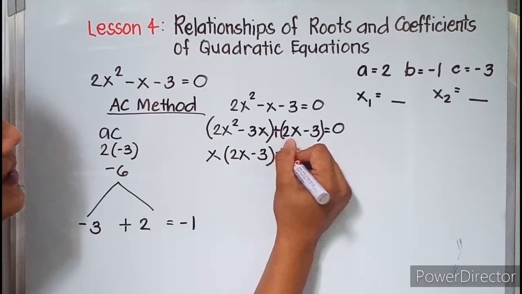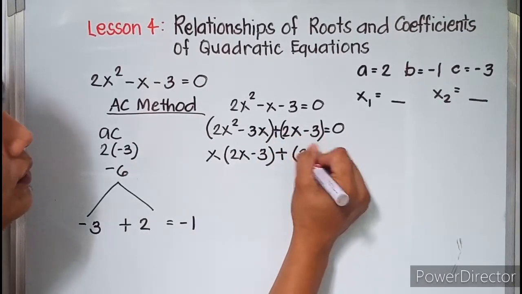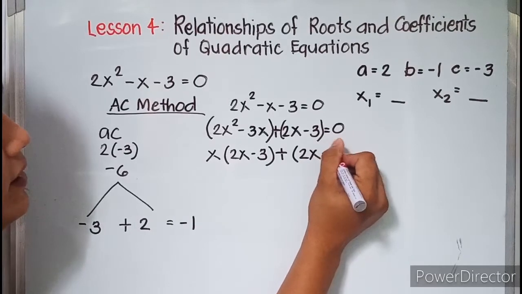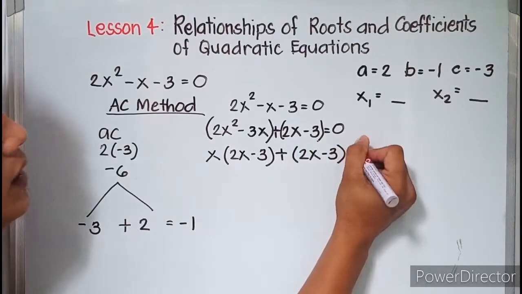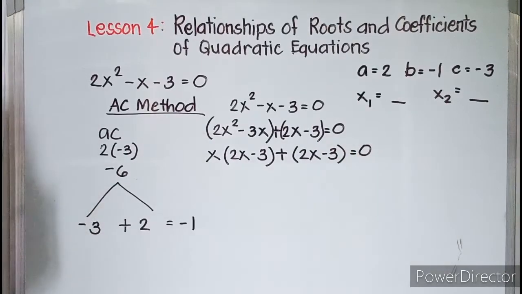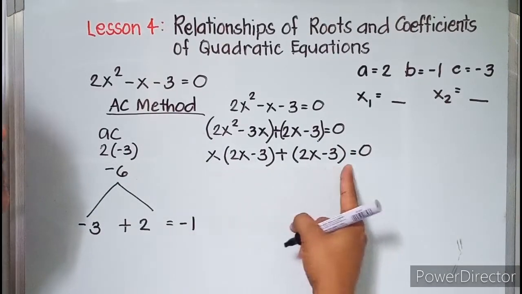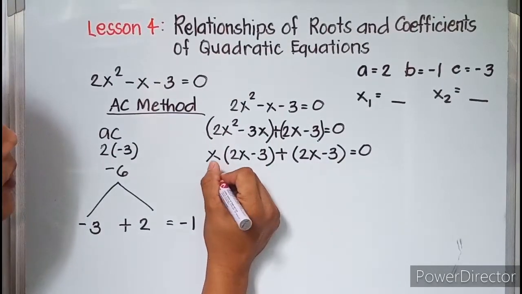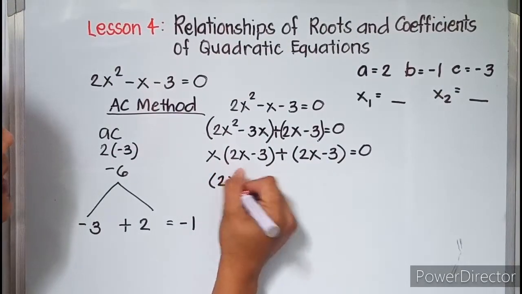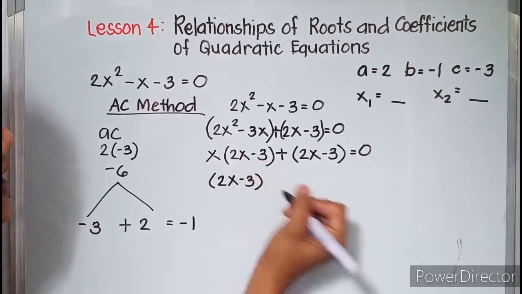Then plus, so we have 2x minus 3 because there's no common factor in these terms. Then equal to 0. Then, which term do these have in common? So we have 2x minus 3.